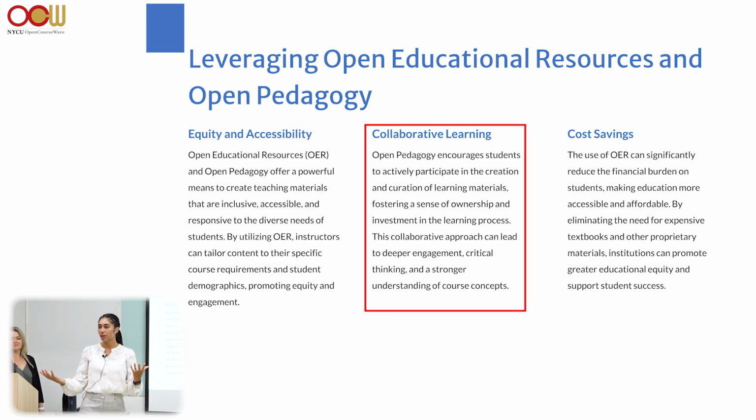Collaborative learning. I mentioned the concept of open pedagogy, and really that's an opportunity, if you choose, as an instructor, to work with your students, to collaborate with your students. That is critical for enhancing the learning for your students. But again, it also requires some of that higher order thinking instead of just, as Chloe was saying, producing an artifact where you're just regurgitating the facts.